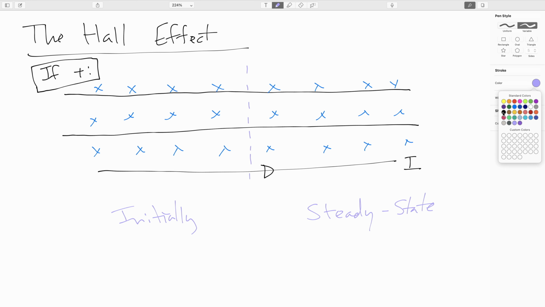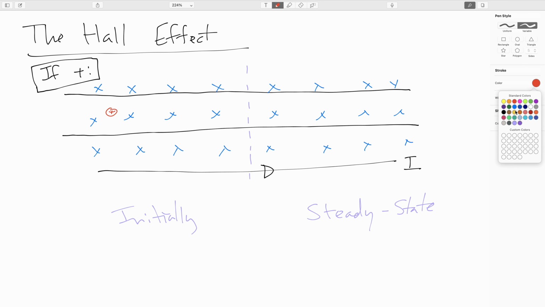So initially, if we have positively charged ions as our charge carriers, if the conventional current is flowing to the right, which way would our charge carriers be drifting? Yeah, they would also be moving to the right.